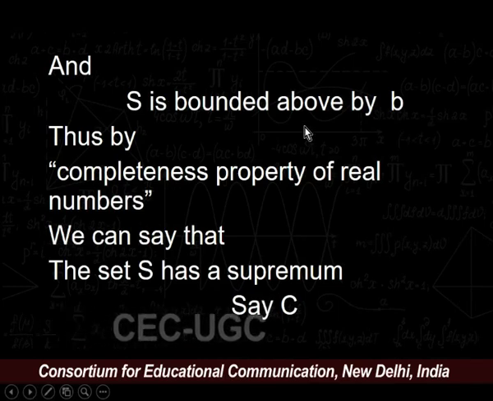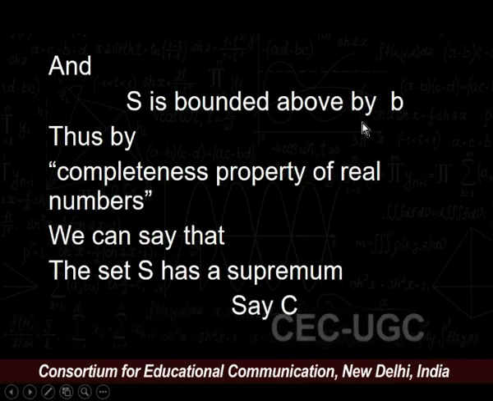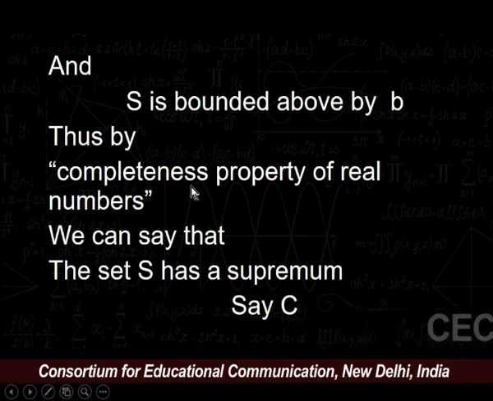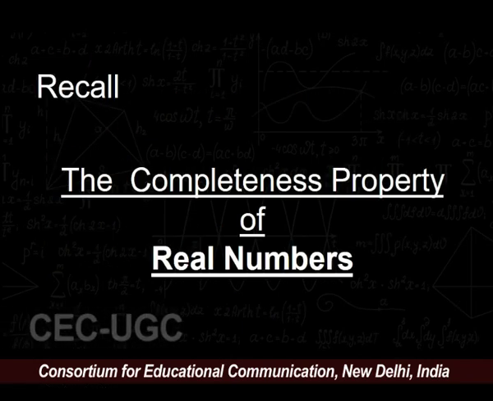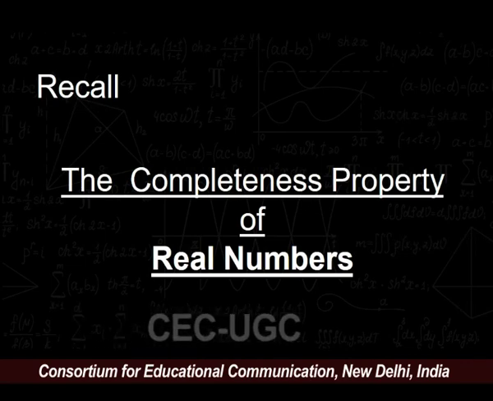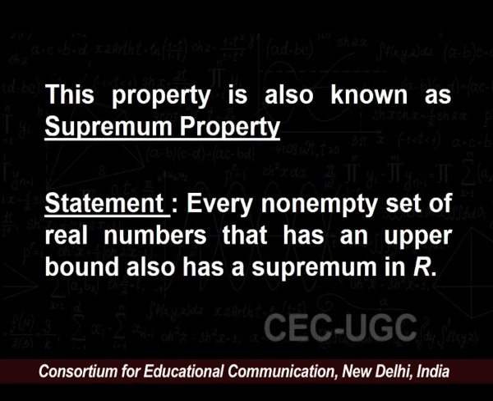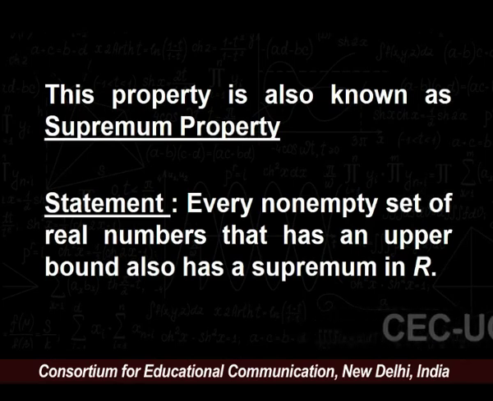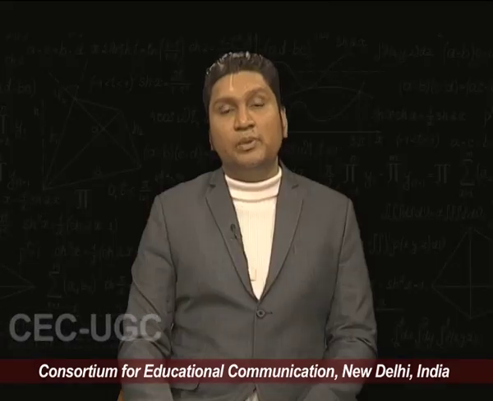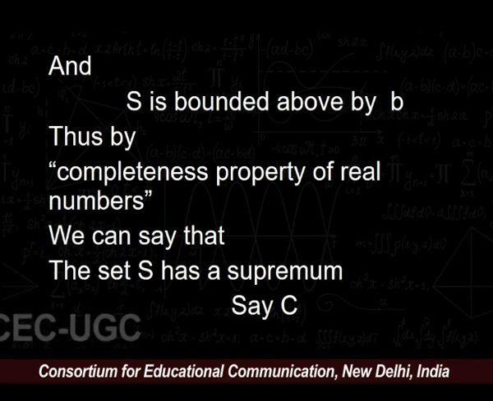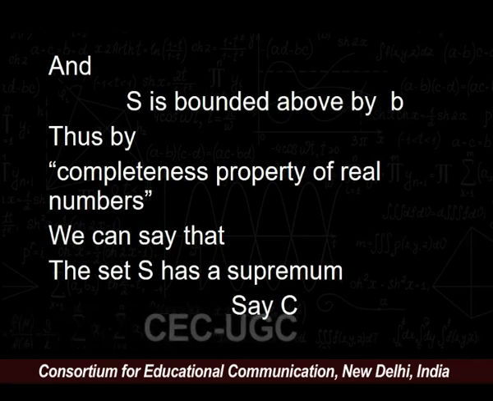As S is bounded above by b, then by the completeness property of real numbers we can say that the set S must have a supremum. Now recall the completeness property of real numbers. It says that every non-empty set of real numbers that has an upper bound also has a supremum in R. So from that we can say that the set S has a supremum in R, say that supremum is c.